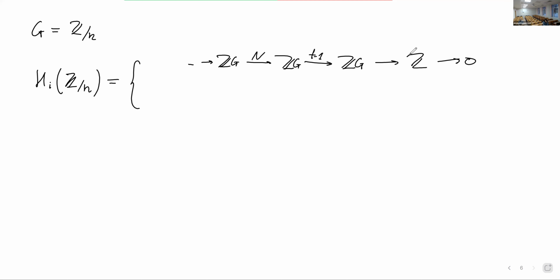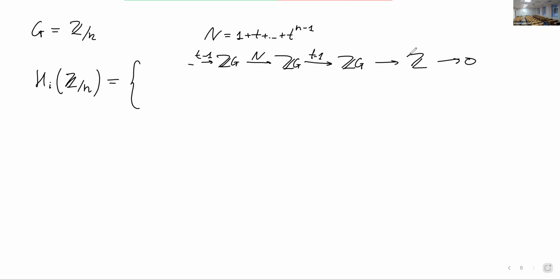Again, T is the generator of G, and what is N? Okay, and what is the next map after N? It's again T minus 1, and then it repeats. And what is the next one? The next one is N. So it alternates between N and T minus 1.